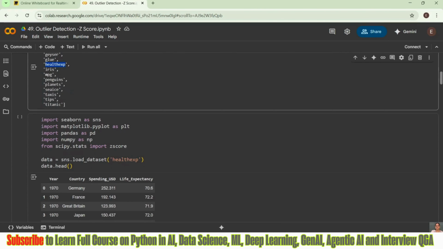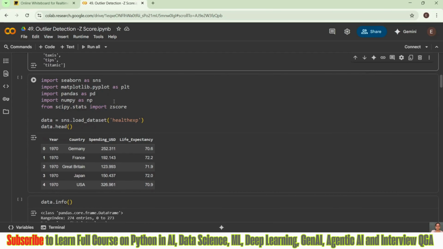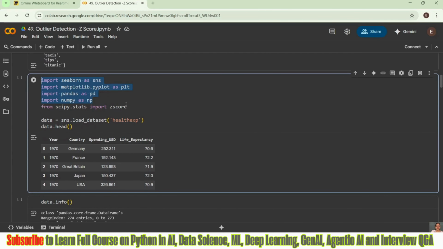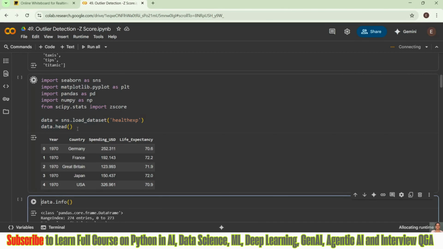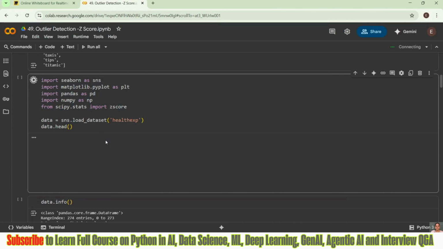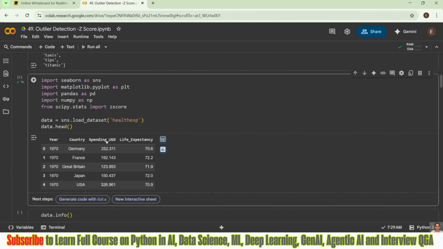For that, I have imported all my libraries: Seaborn, Matplotlib, Pandas, and NumPy, and I am loading my dataset here and getting its head. This is what the dataset contains. Features are year, country, spending USD, and life expectancy.